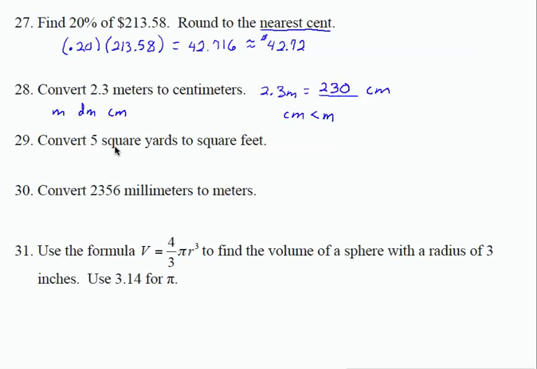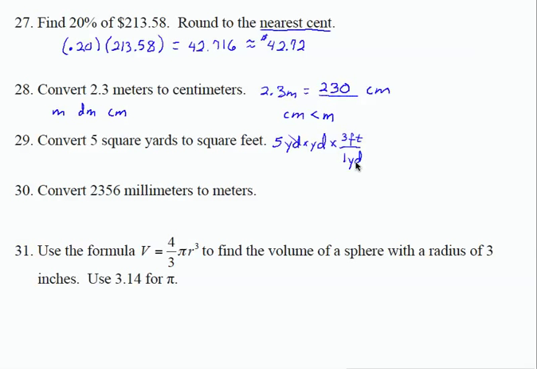Here, I'm going to convert 5 square yards to square feet. So I'm going to write it this way. I'm going to write 5, now square yards is yards times yards. And I'm going to convert each of those yards into feet. So it's 3 feet per 1 yard.